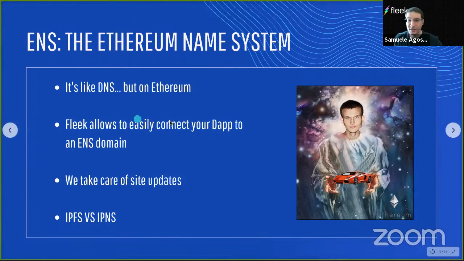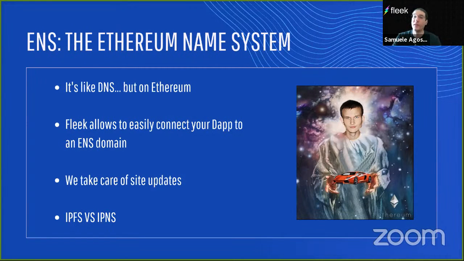And Fleek, we allow you to connect your dApp to an ENS domain, and we take care of the site updates. That's important because on the ENS registry, there is an IPFS hash that is written over there, and when you make new updates to your site, this hash needs to be updated. So it can be a problem to update this hash yourself.